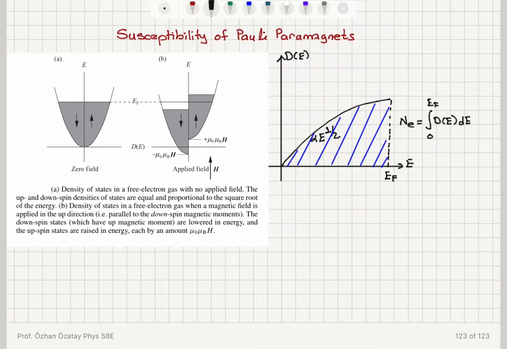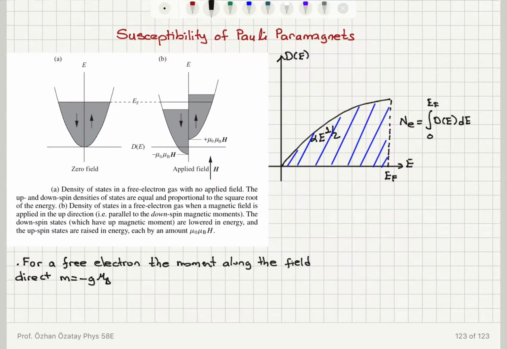First of all, for a free electron, we don't have an orbital angular momentum contribution to a magnetic moment, so we can only consider the moment along the field direction to be given by the spin, and that will be equal to m is minus g Bohr magneton ms, which can be plus or minus a Bohr magneton for a free electron.